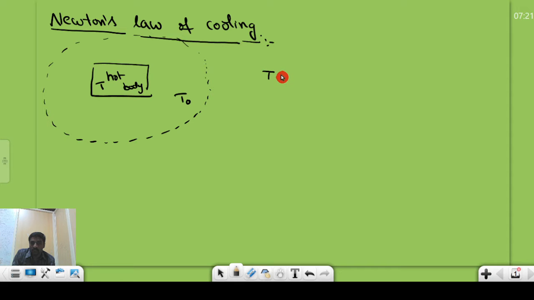That means the temperature of the hot body is greater than the temperature of the surrounding. Due to the temperature difference between the hot body and surrounding, heat will flow from the higher temperature body to the lower temperature body. Here the higher temperature body is the hot body, and the lower temperature body is the surrounding.